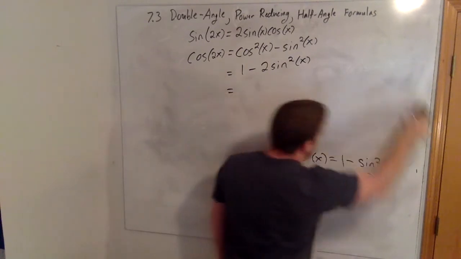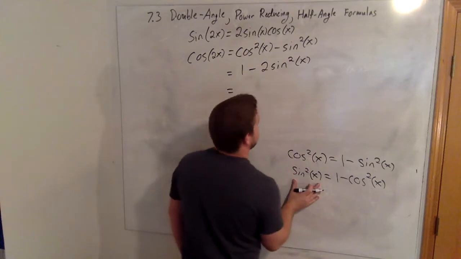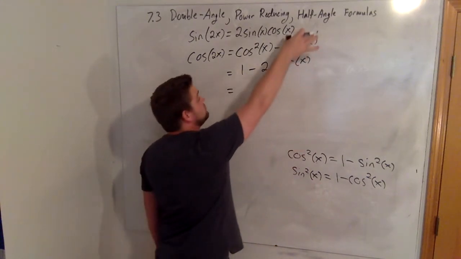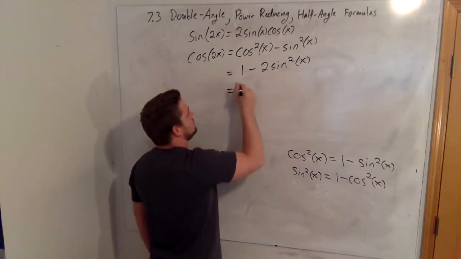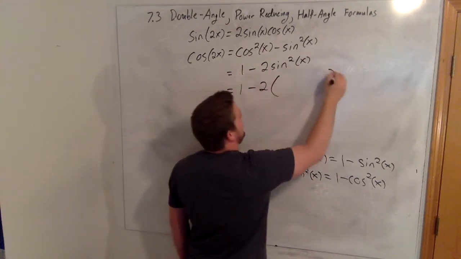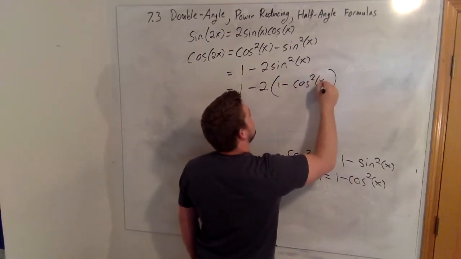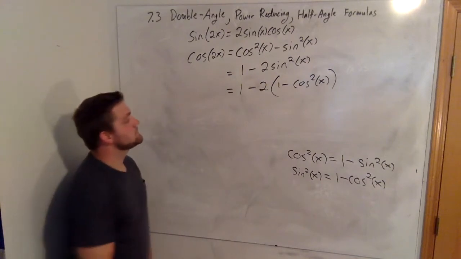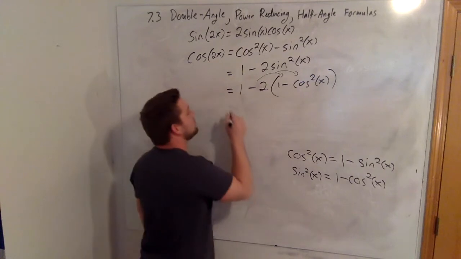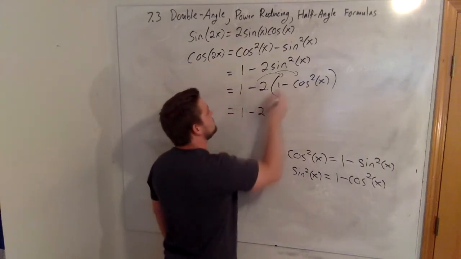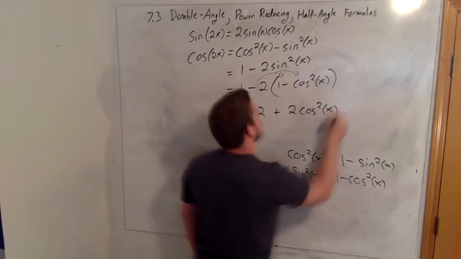Now the other version of the formula comes from making the replacement with sine squared. You can either make the replacement here or here, it doesn't matter. Let's do it with this bottom one. 1 minus 2, and let's replace sine squared with 1 minus cosine squared of x. So we distribute the negative 2 into the parentheses, and we get 1 minus 2 plus 2 cosine squared of x.